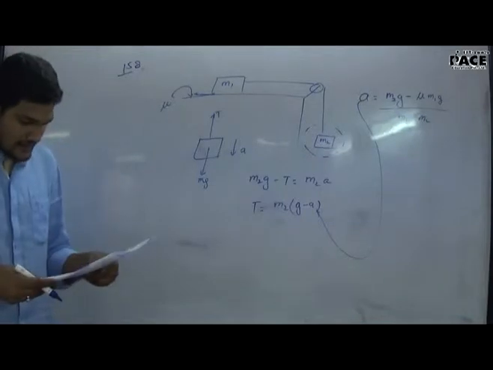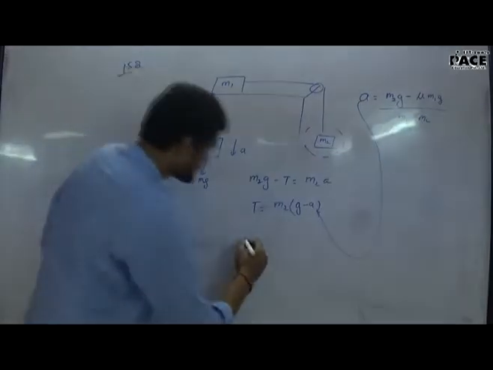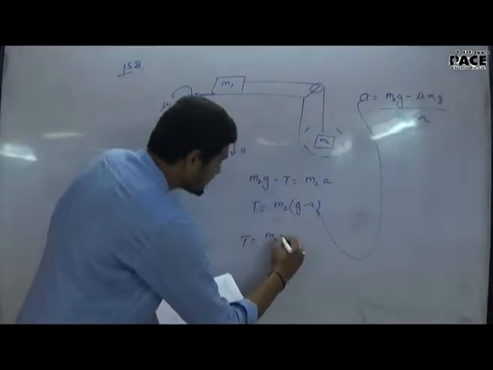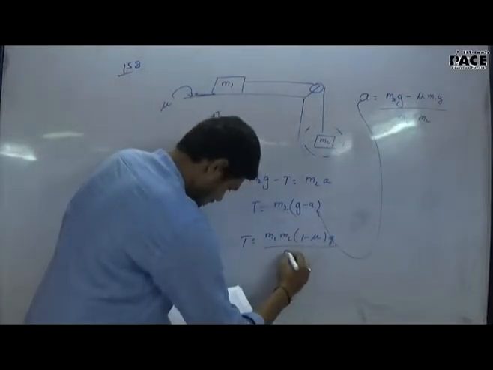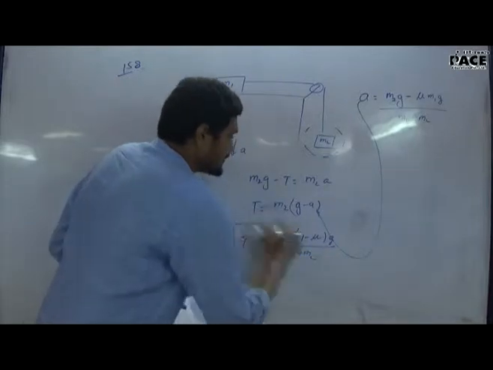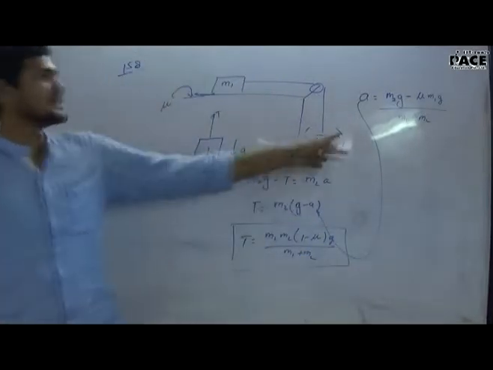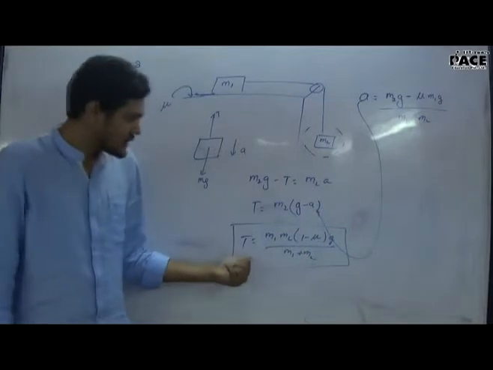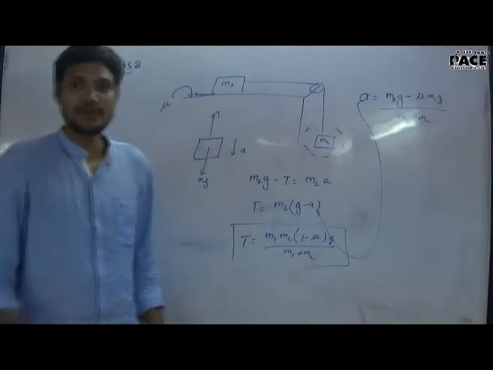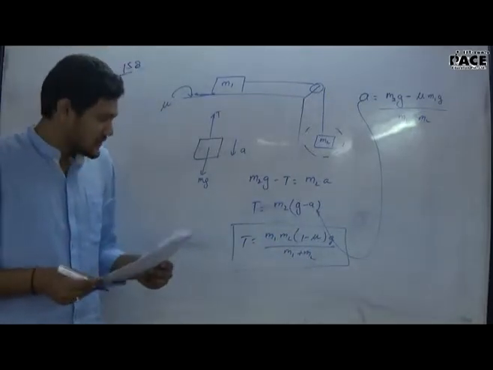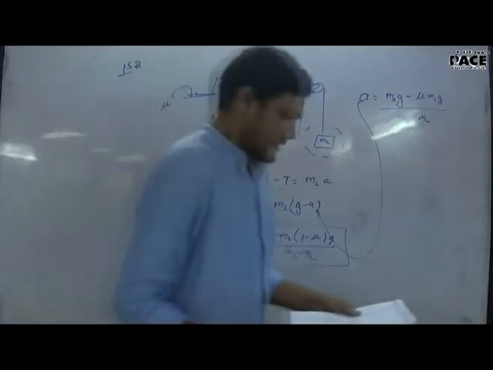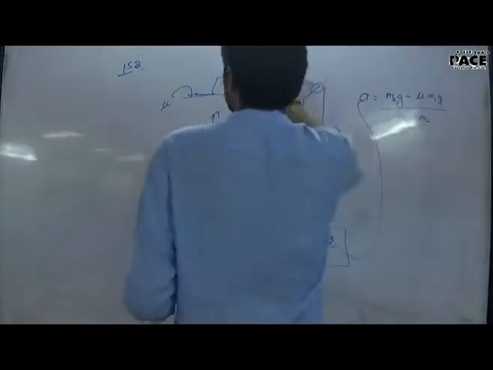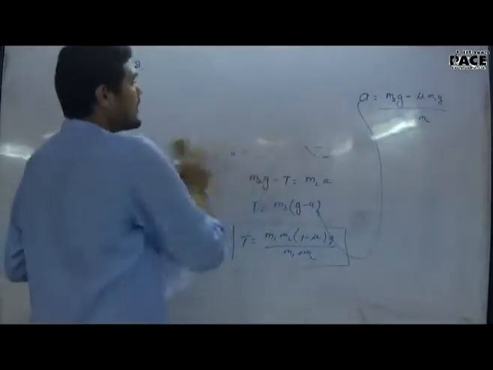You'll get the tension as m1 m2 into 1 plus mu g upon m1 plus m2. Okay? Just put the acceleration value in this relation. So option 3 is the correct option. This was question number 158. Now let's move on to question number 159.